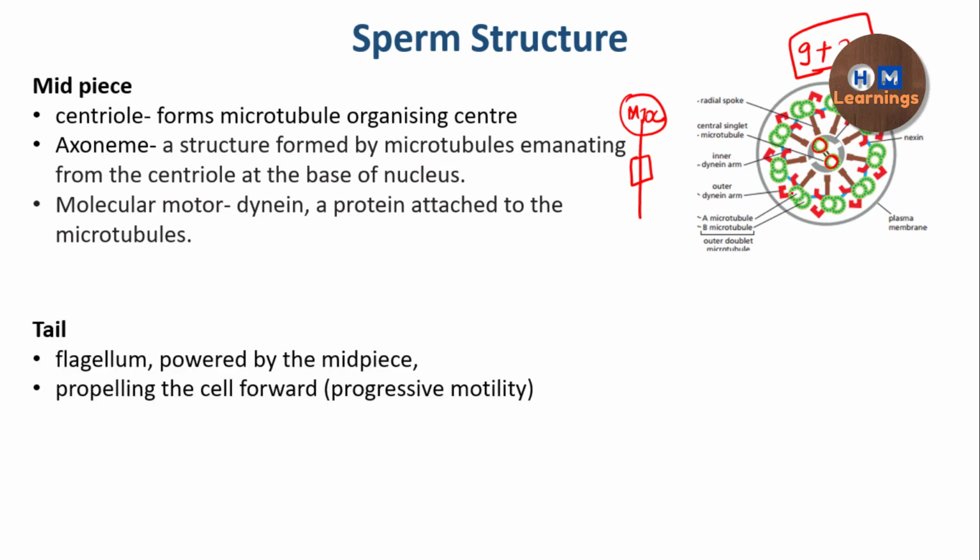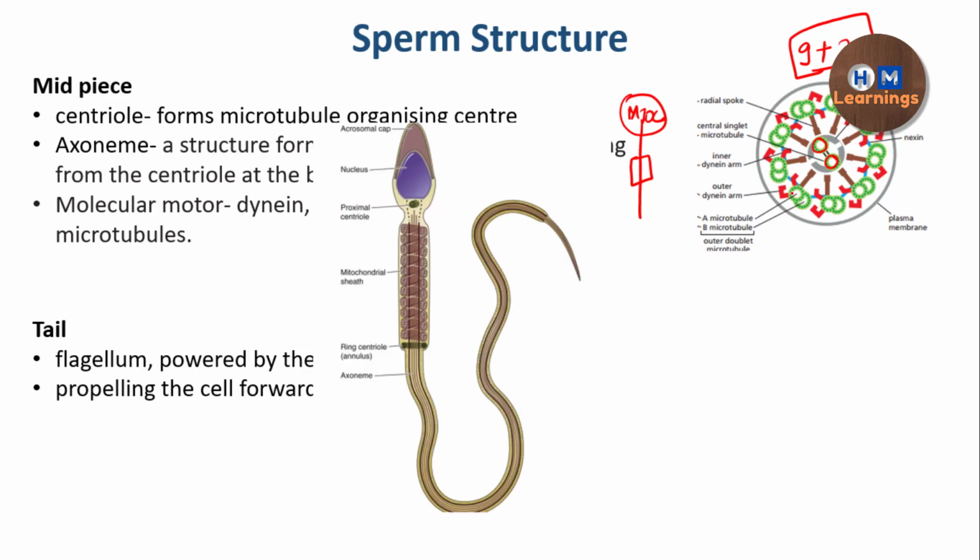So the tail has the extension. You can see that from here the microtubule organizing center, the microtubules arise and go up to here. The tail has the axoneme, and the mechanism, as I already told you, is a molecular motor which uses the ATP, converting chemical energy into mechanical energy, leading to the movement of the sperm in the forward direction.